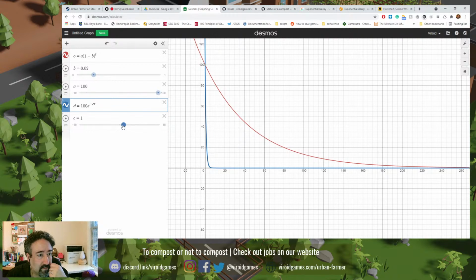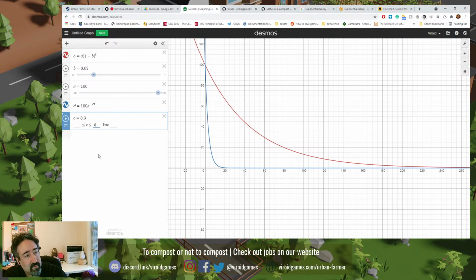When you increase c, because this is actually minus 100 over e to the power of ct, you're increasing the value of the denominator, so the result is approaching 0, hence you're squeezing the line here. So this has to go low. I think this is going to be similar to b, initially 1.